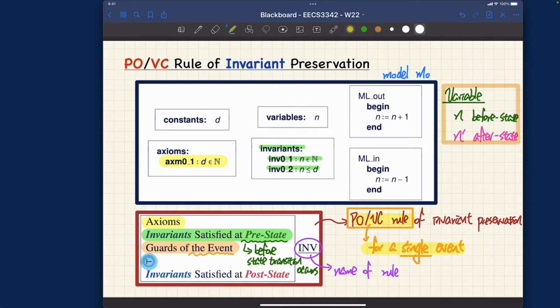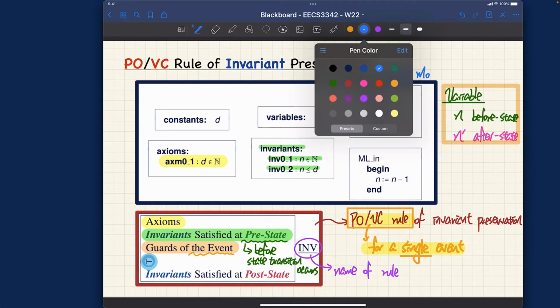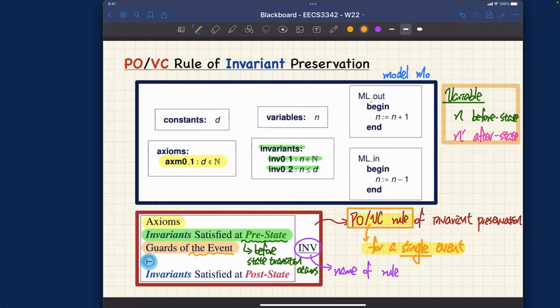That's why I say it will be the guards of the events. But in our case, for ML out and ML in, their guard is really the same because they're missing. As I said before, the guard will just be true. Let me annotate just once more, just to make sure you remember that.